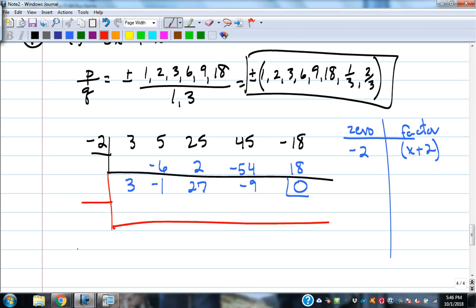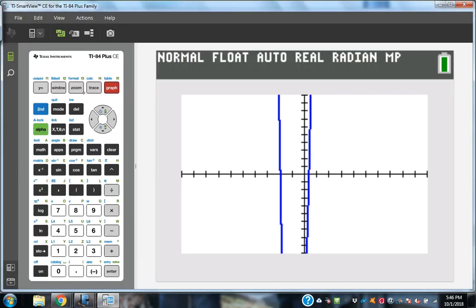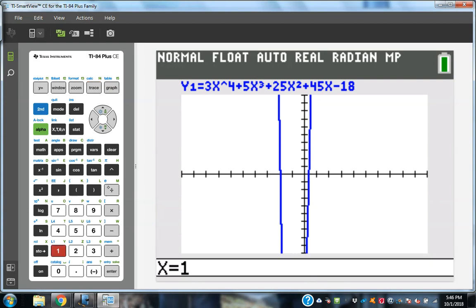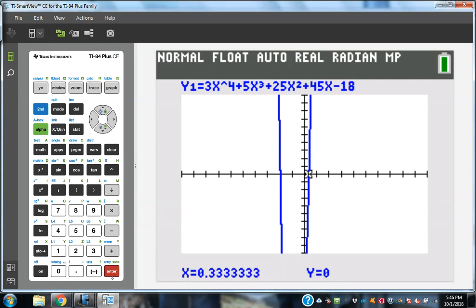Now for this one on the shelf, I'm not just going to have an integer. I've got a fraction because I know that that's where that should be crossing. Here's how you know that number is the right one. You can hit trace and then type in 1/3 and hit enter. Notice that it gets you the y value of 0. That's why 1/3 should work in synthetic division.